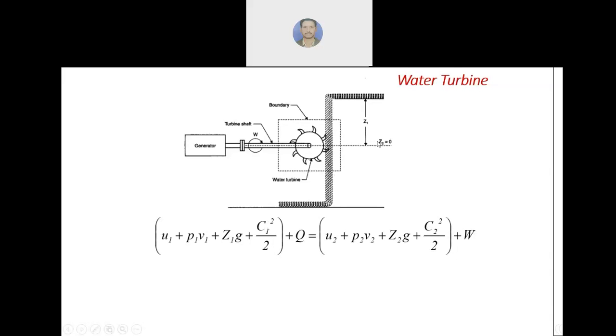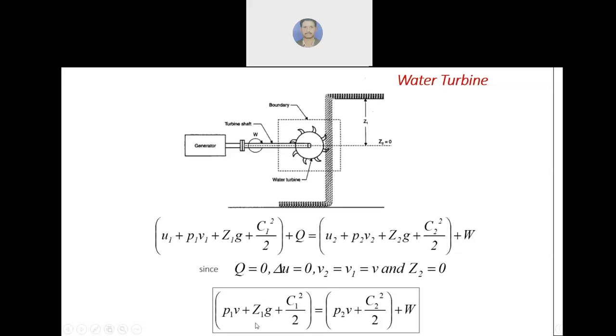But what about Z? Z2 is given as 0 but Z1 has some value. So delta U is 0, Z2 is given 0, and there is no change in velocity very much, so you can consider both velocities as the same. So it will cancel out.